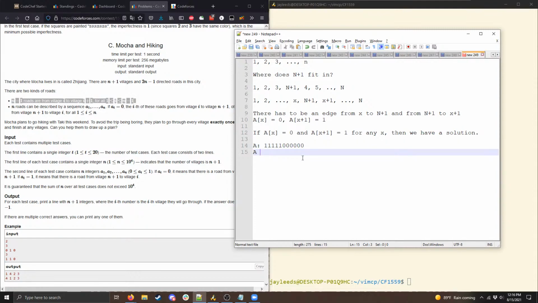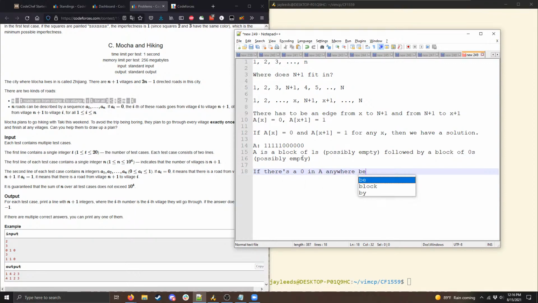Or in general, A is a block of 1s, possibly empty, followed by a block of 0s, possibly empty. The reason is that if there's a 0 in A anywhere before a 1, we can prove, and I'll leave this as an exercise, that there will be a 0, 1 somewhere in A. And this is actually a fairly common trick when you're looking at binary arrays.